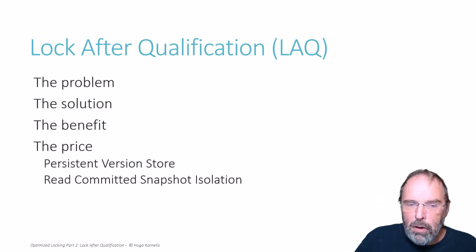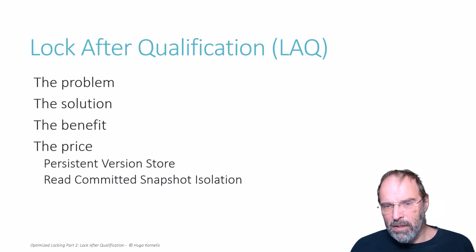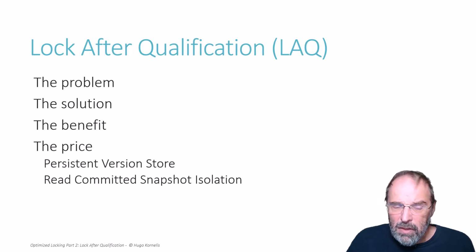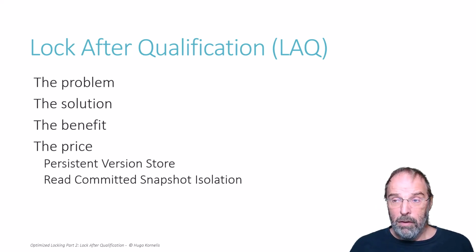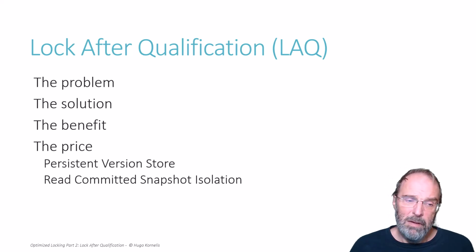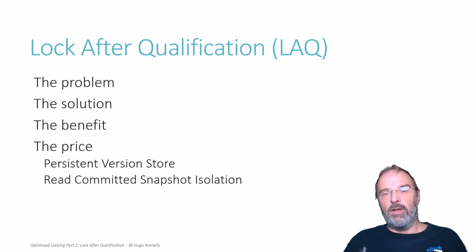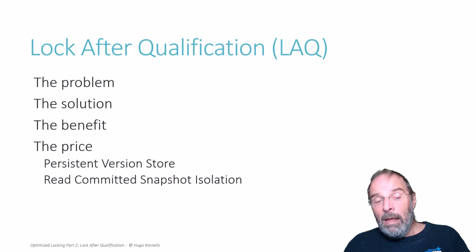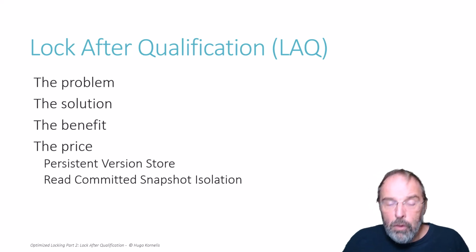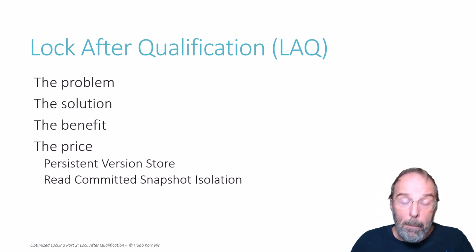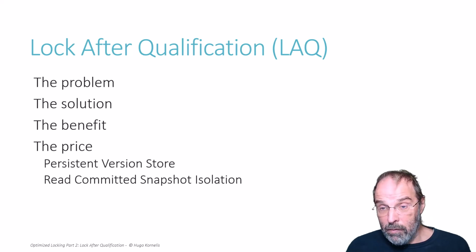But if your application was never tested with read committed snapshot isolation, then this might cause things that you didn't expect, perhaps even bugs. Certain scenarios where multiple transactions happen at the same time behave differently under read committed snapshot as compared to regular read committed.